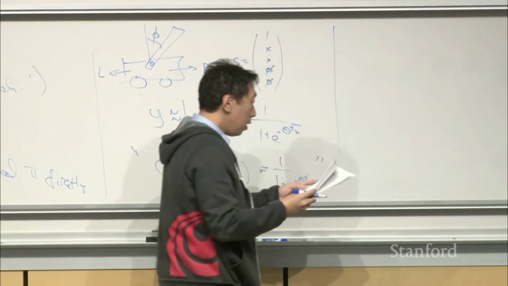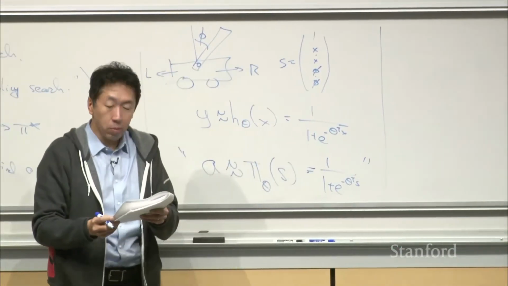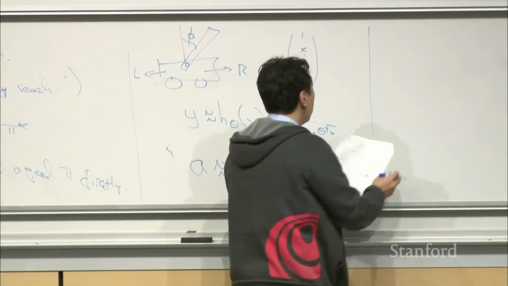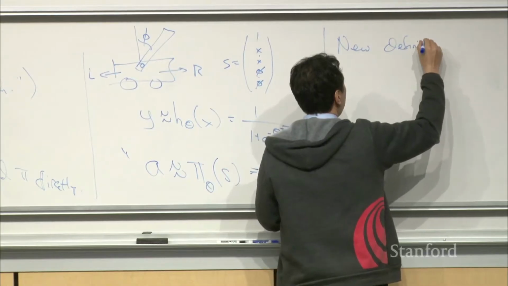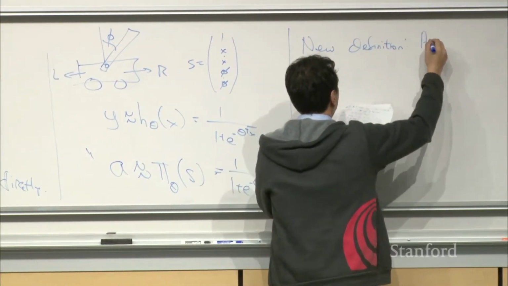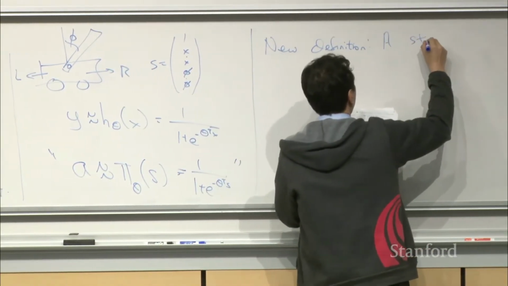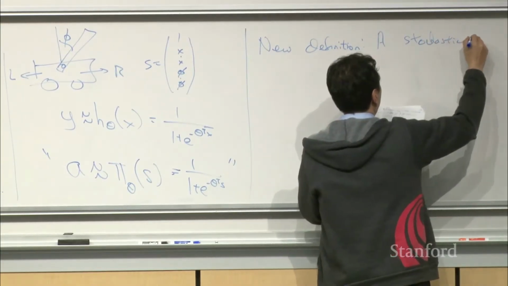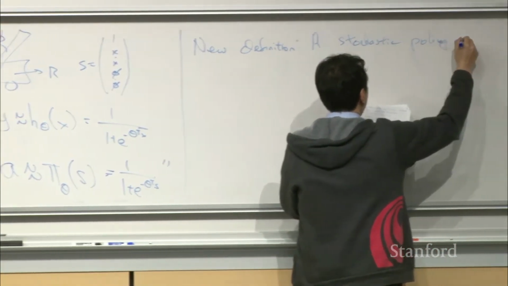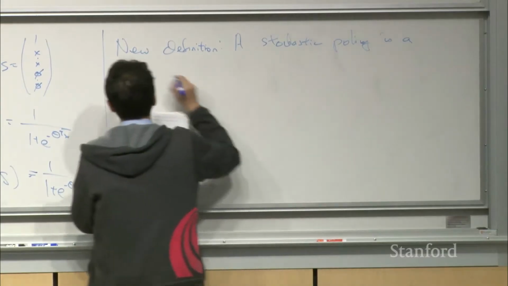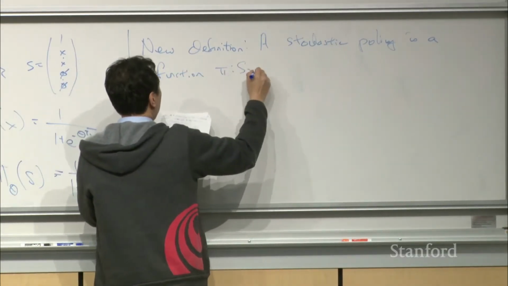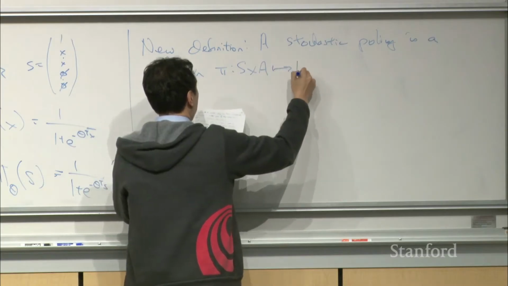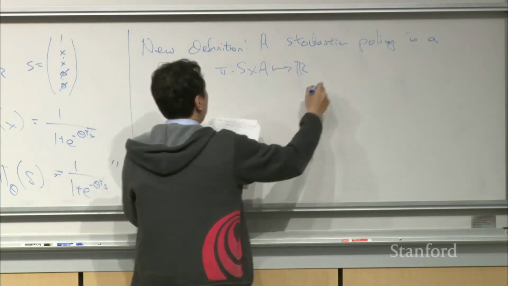So the direct policy search algorithm we'll use a stochastic policy. So this is a new definition. So a stochastic policy is a function, right?